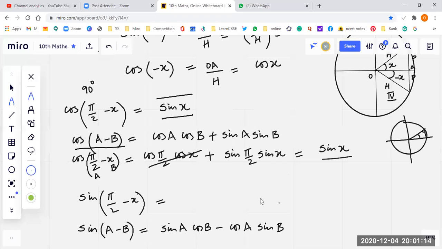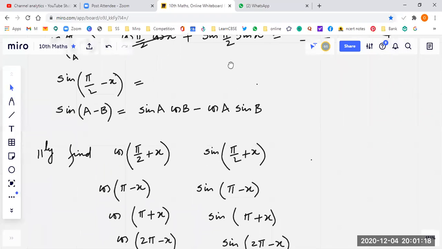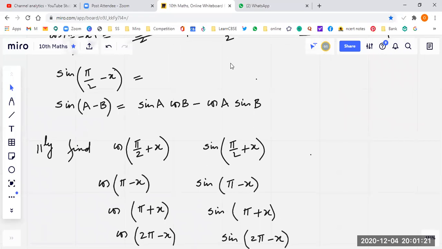So guys, sine pi by 2 minus x, again we can apply the formula. Sine of a minus b is equal to sine a cos b minus cos a sine b, right? So again I apply this formula.